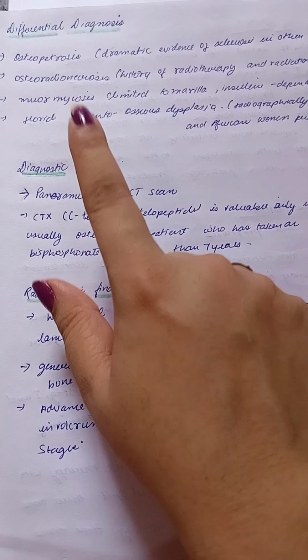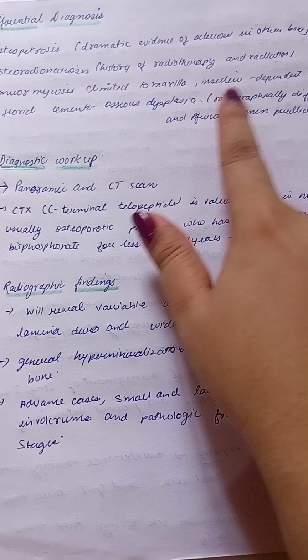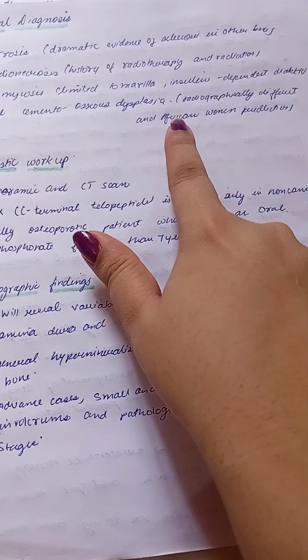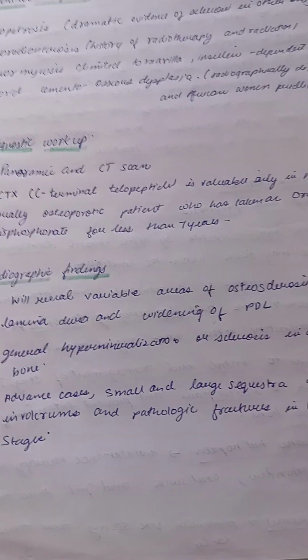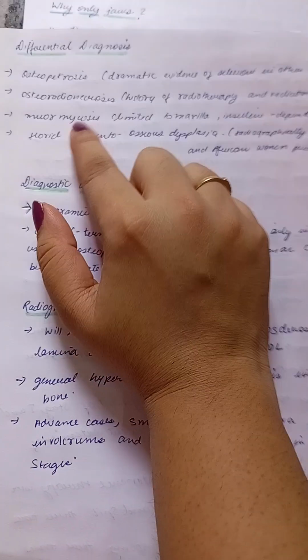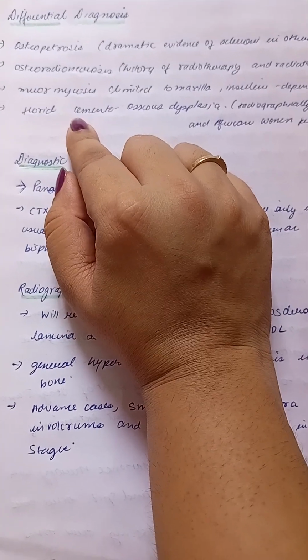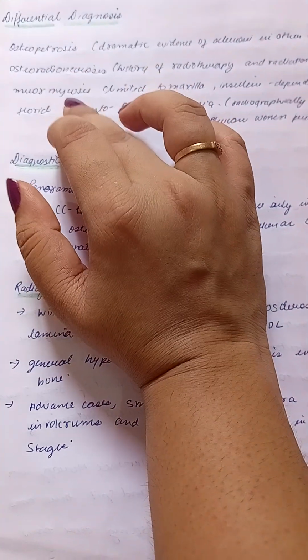Now coming to osteoradionecrosis, how will we differentiate? History of radiotherapy and radiation. Mucormycosis limited to maxilla and insulin dependent diabetes patient. Okay, these all are differential diagnosis for BIONJ. But how will we differentiate this from osteonecrosis?